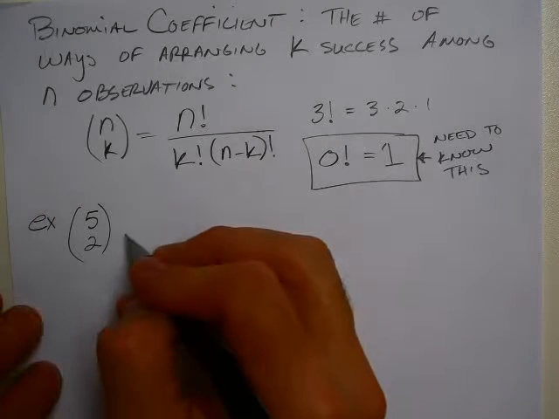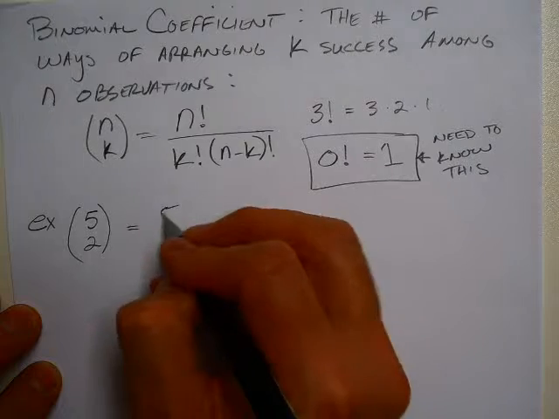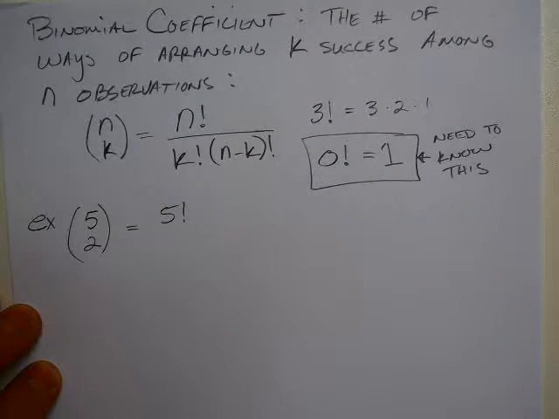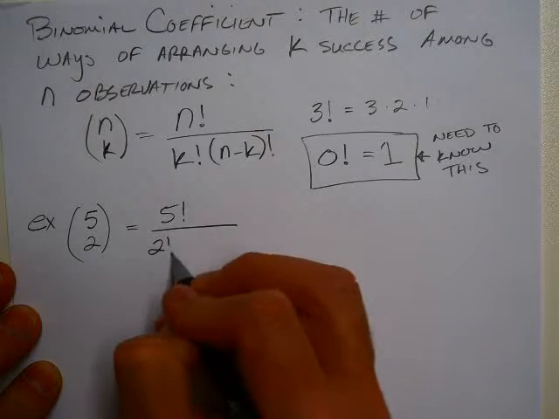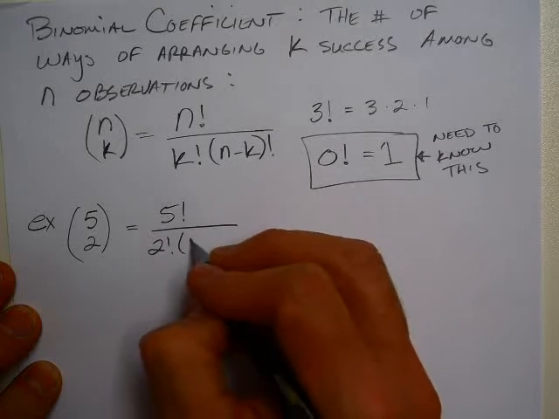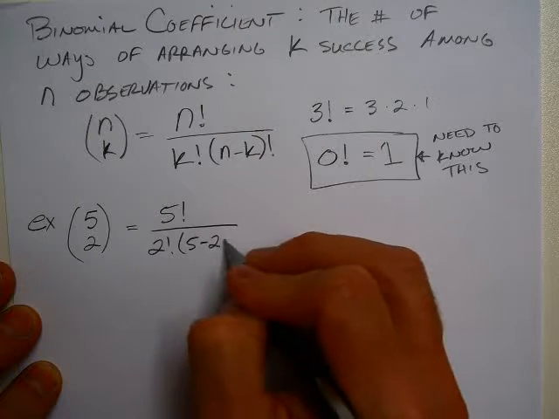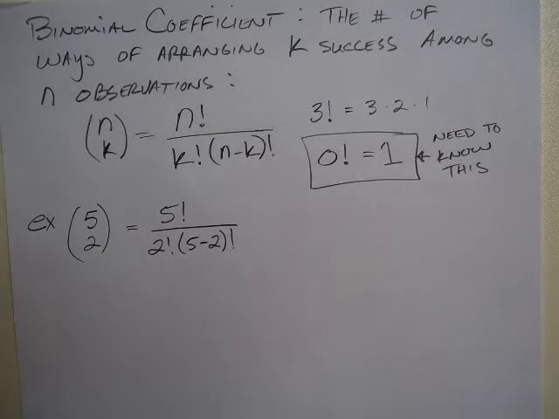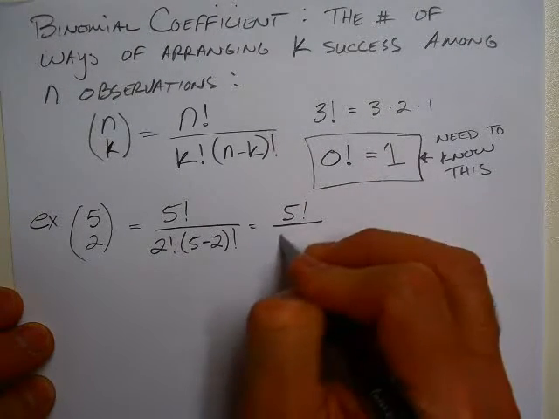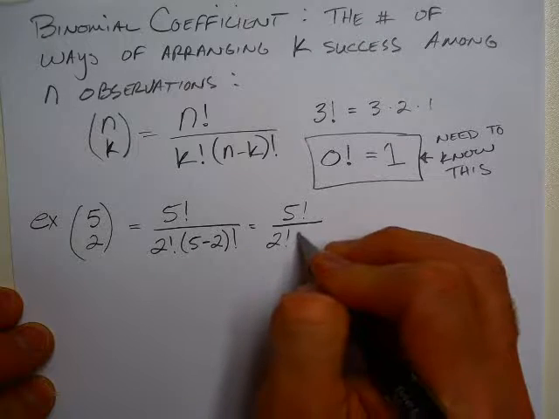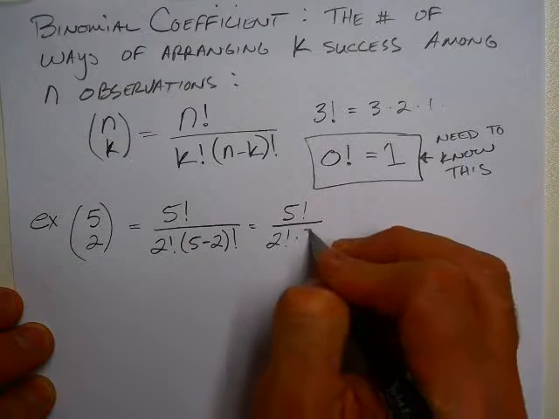So this would simplify to this: 5 factorial, that's your n, over 2 factorial times 5 minus 2 factorial, which simplifies slightly to 5 factorial over 2 factorial times 3 factorial.